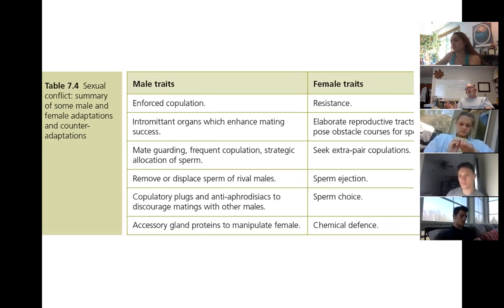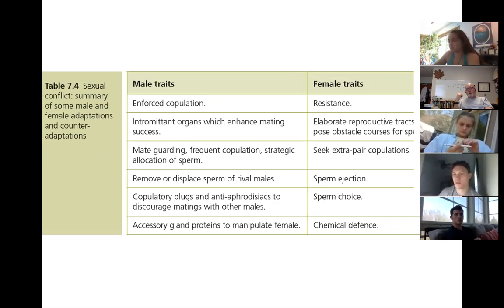But one of the things that can also happen is that a portion of that spermatophore isn't accessible to the female and serves as a mating plug. It basically plugs up her reproductive system such that no other male's sperm can get in there.